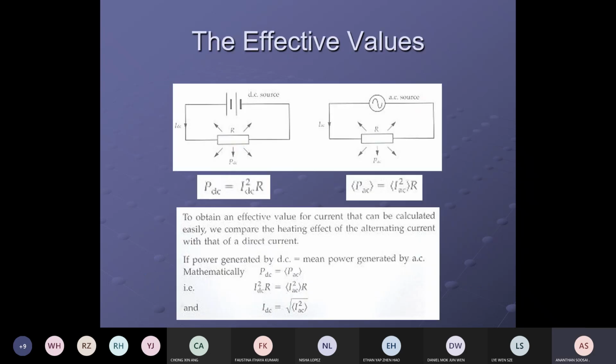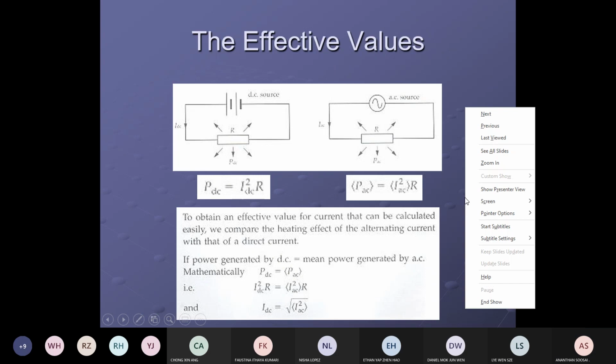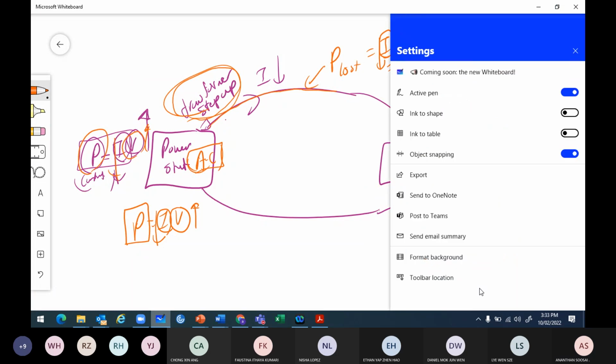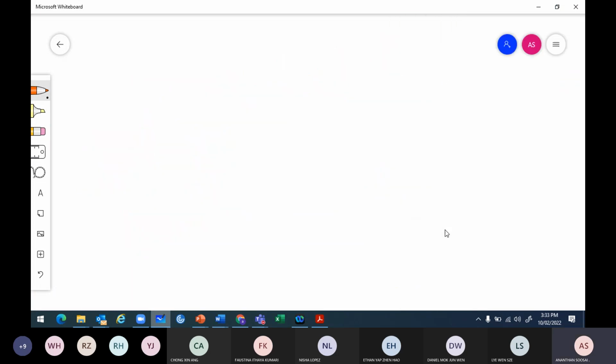Now we go a little deeper about direct current and alternating current. Before we go to this slide, I want to tell you one problem. Let's say you have a light bulb.